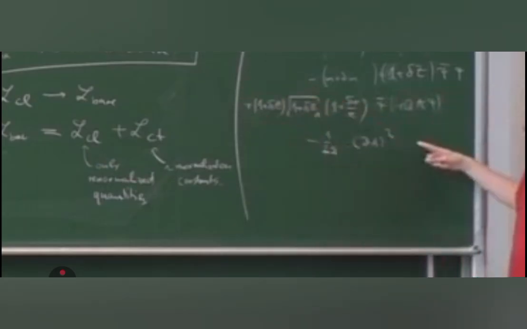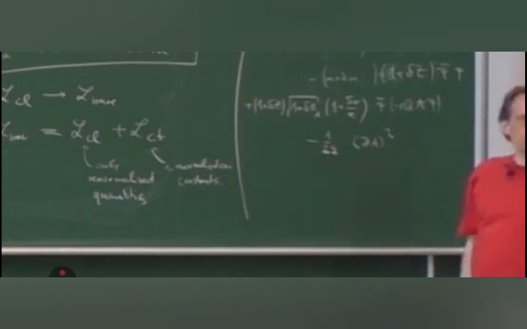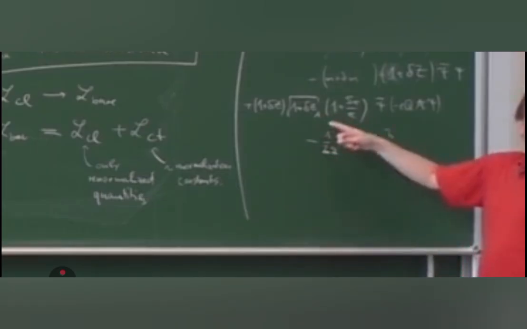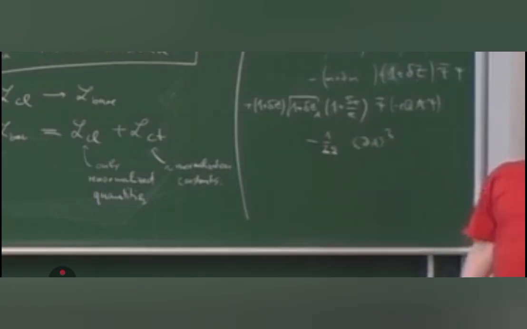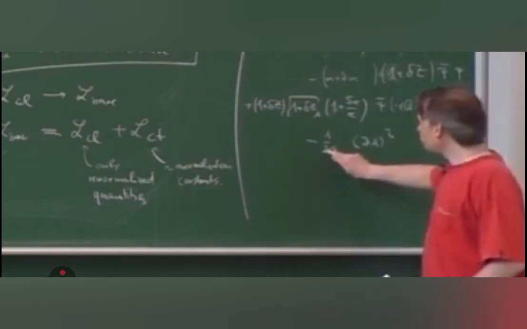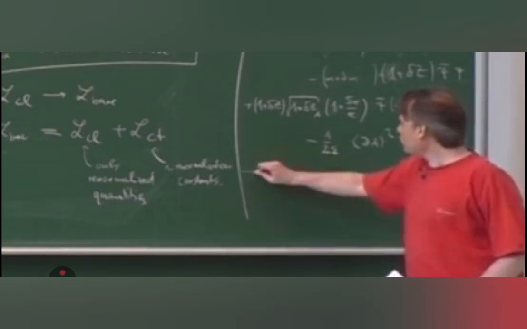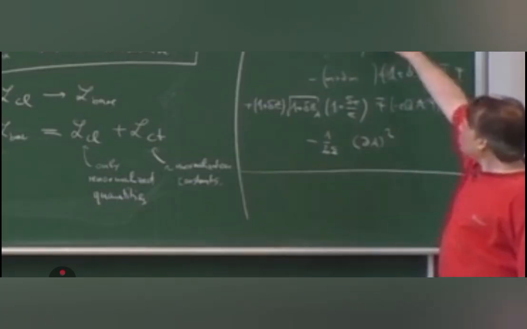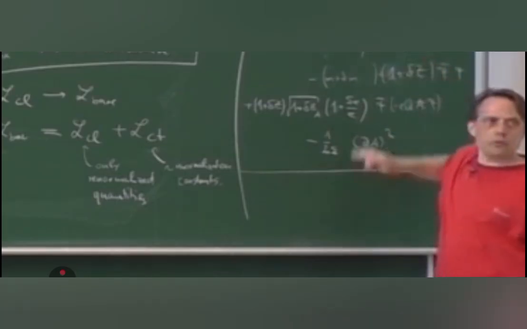This last line here does not contain any renormalization constants because they cancel in the gauge fixing term. This is what is meant by saying the gauge fixing doesn't renormalize. That is our bare Lagrangian, which is already expressed in terms of renormalized quantities and renormalization constants.